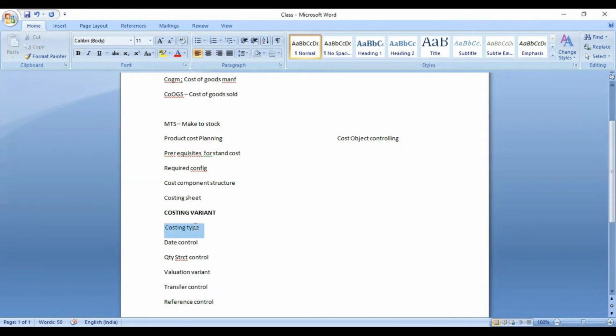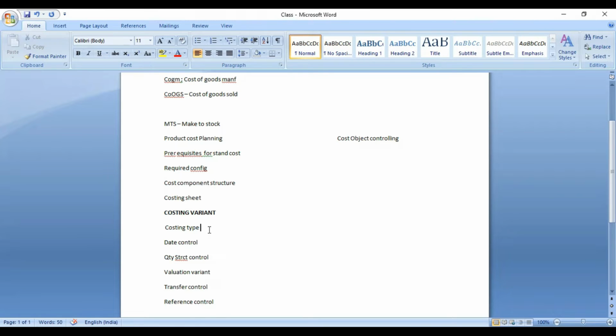That means version 0, planned, and actual versions come under the general controlling configuration, and adding the next year's transferring, that means copying allowed, everything comes under the general controlling configuration.